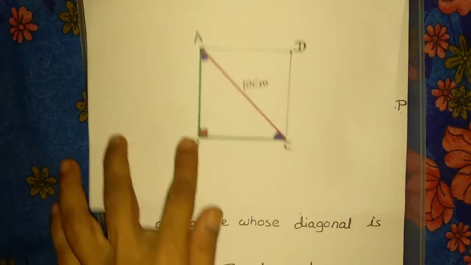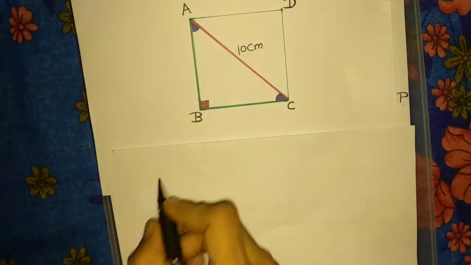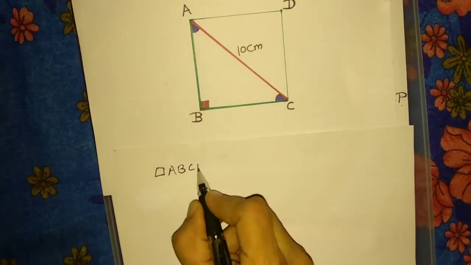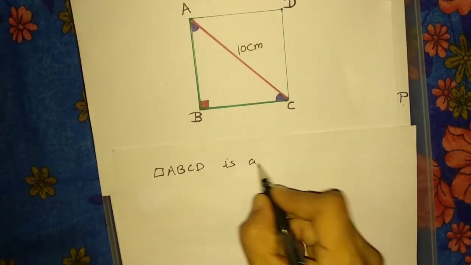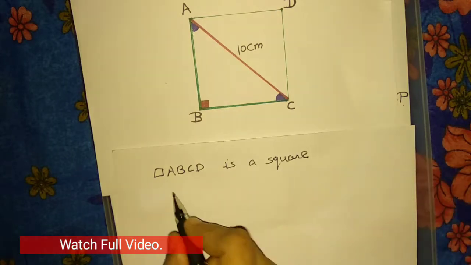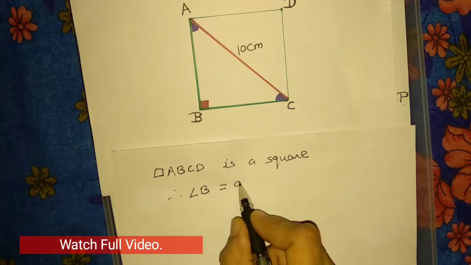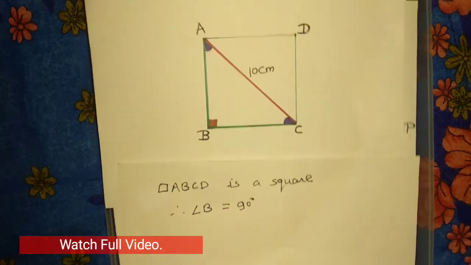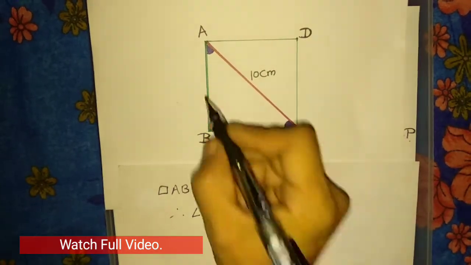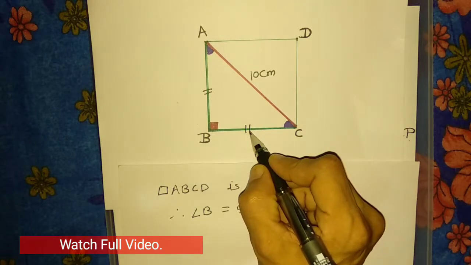We will write here, ABCD is a square. Therefore, angle B is equal to 90 degree. And we know sides of square are equal. Therefore, AB is equal to BC.